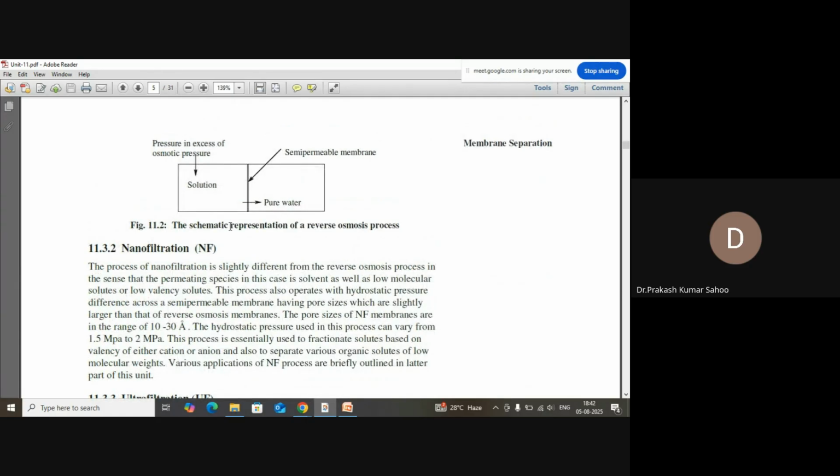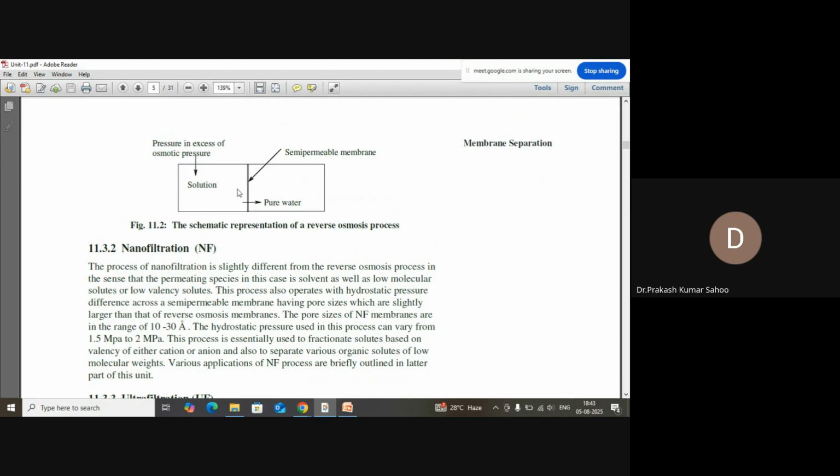See here, this is the solution, this is the pure water. The solution has the higher concentration, that's why it is a solution. The pure water contains the lower concentration of salt. This membrane is the semi-permeable membrane, which allows only the solvent particles from the solution, that is the higher concentration, to the pure water segment, that is the lower concentration part.